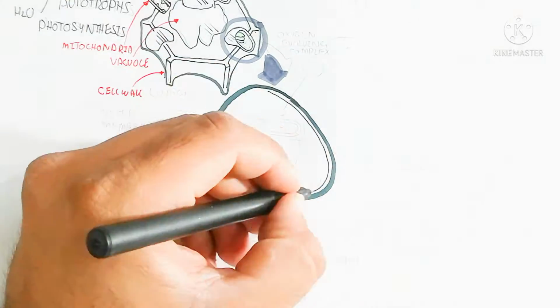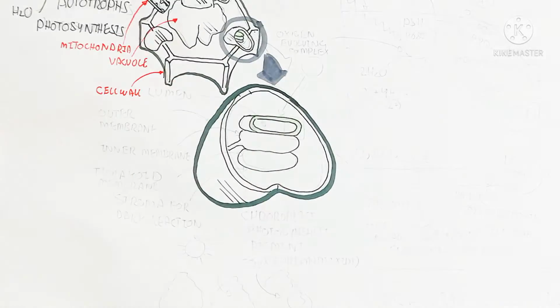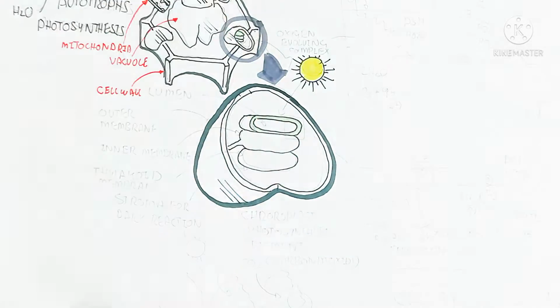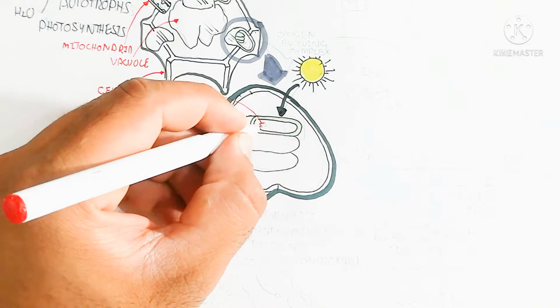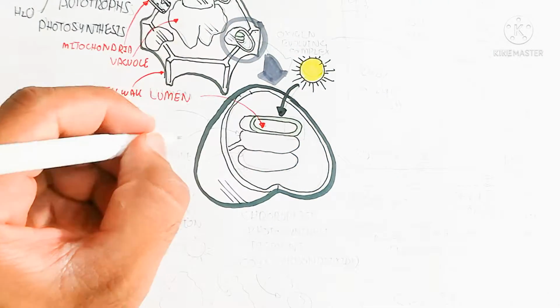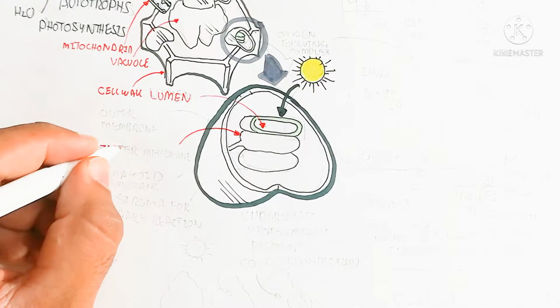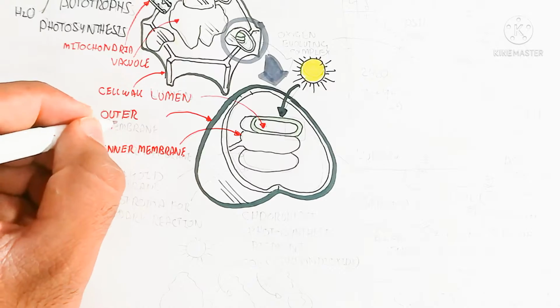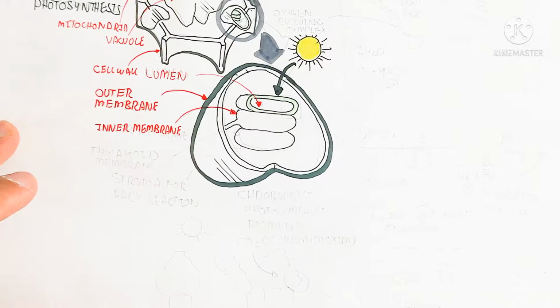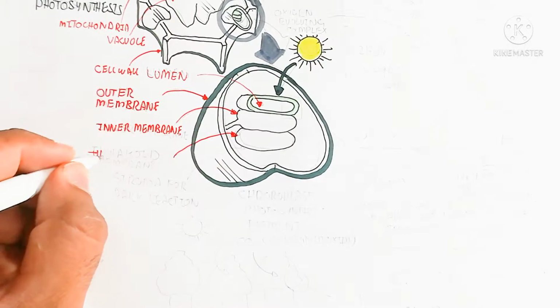So let's begin by understanding the structure of the chloroplast, and we will also discuss the electron transport chain for production of ATP and NADPH for use in the Calvin cycle, the dark reaction. Light falls on the thylakoid membrane. This is a double membrane organelle, and this is the lumen inside the thylakoid membrane, and this is the granum.